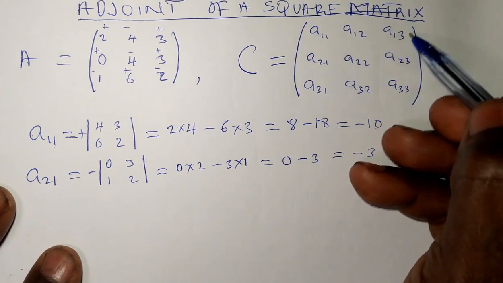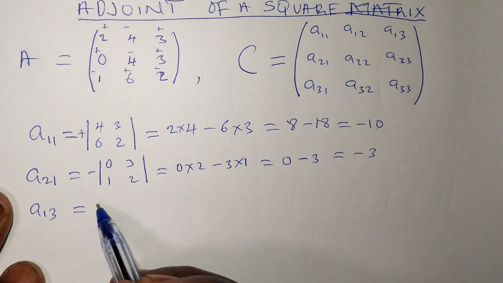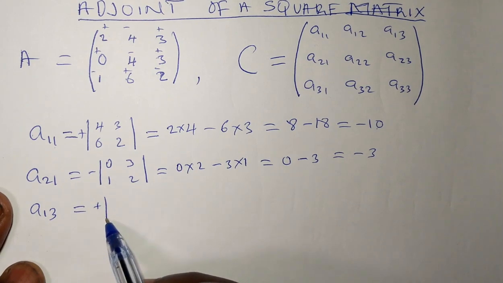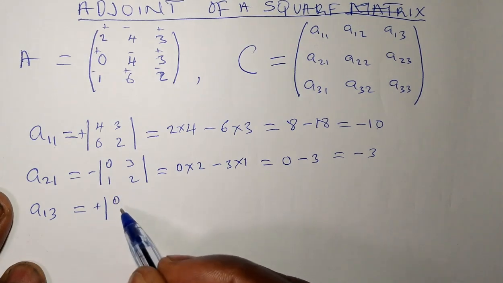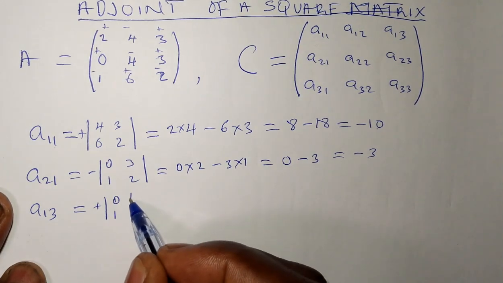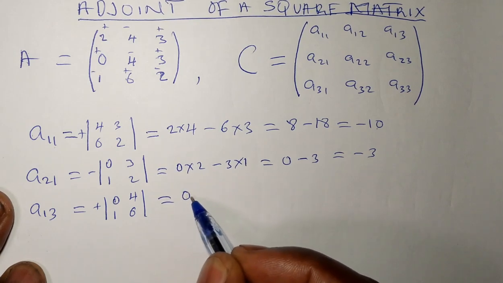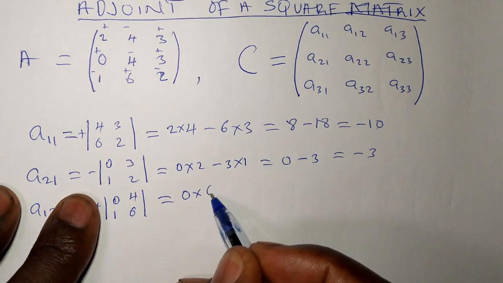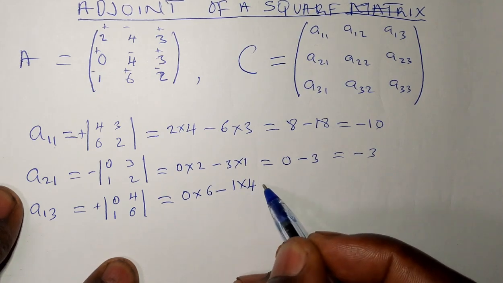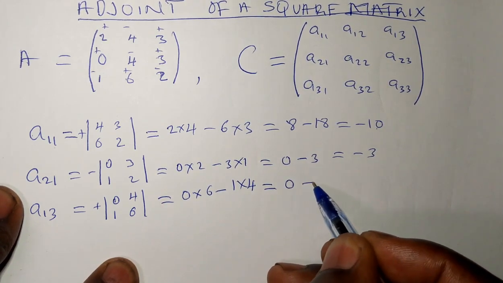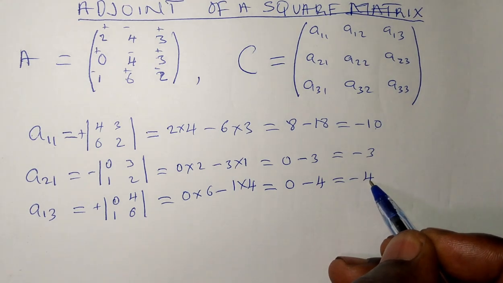So let's take the cofactor A13, which is the same thing. You know that one is plus. So you kick out this column and you kick down this row. You are left with 0, 1, 4, and 6. So this will give us 0 times 6 minus 1 times 4, which is equivalent to 0 minus 4. And then we'll have this one to be minus 4.